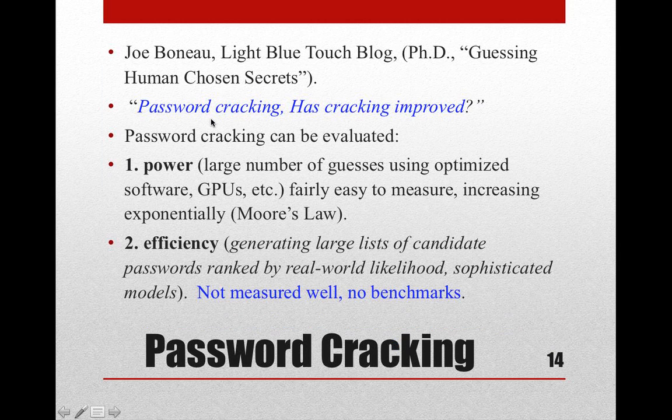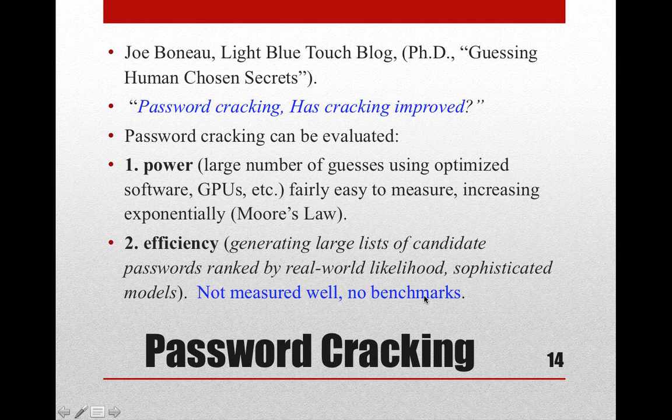I had actually read some papers and some information from him. He did a PhD at Cambridge on guessing human chosen secrets, and he looks at entropy and information that each password has in terms of its complexity. So he writes in this light blue touch blog, and it's for Cambridge, and there's some other researchers there that do work in cryptography.